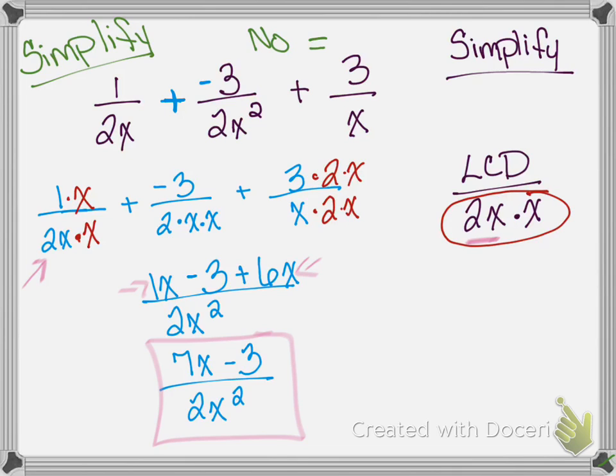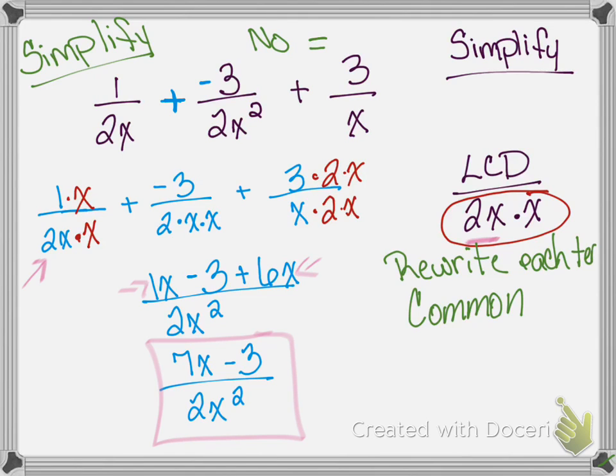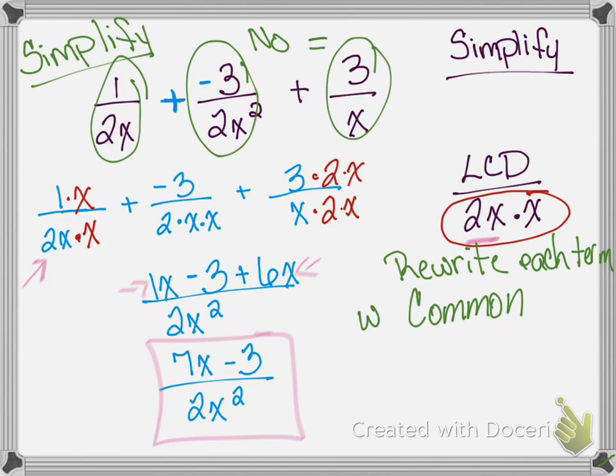In order to simplify this, you must rewrite all expressions with a common denominator. Okay? You've got to rewrite each term. Okay? This is a term, this is a term, and this is a term. Rewrite each term with the common denominator.